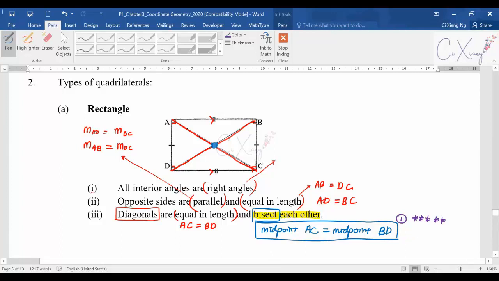And then after that, the second one is you can focus on all the equations that are related to gradient. If let's say you don't have any information about diagonals, then you have the information about the gradient. Try to use the gradient to solve your question. And the last priority is the length.